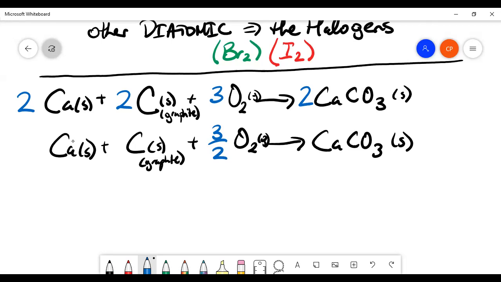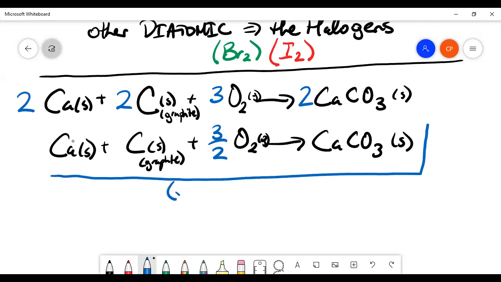When we write a reaction in this form, like so, that reaction is called a formation reaction. Formation reactions are important to us when we actually study the enthalpy changes in chemical reactions.